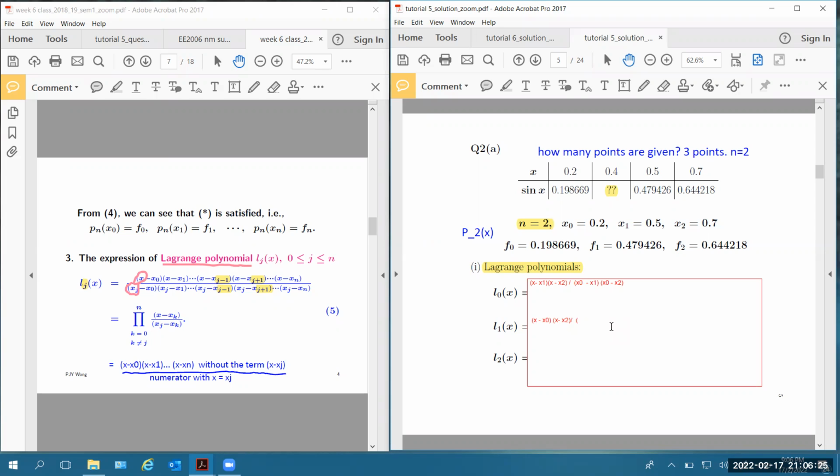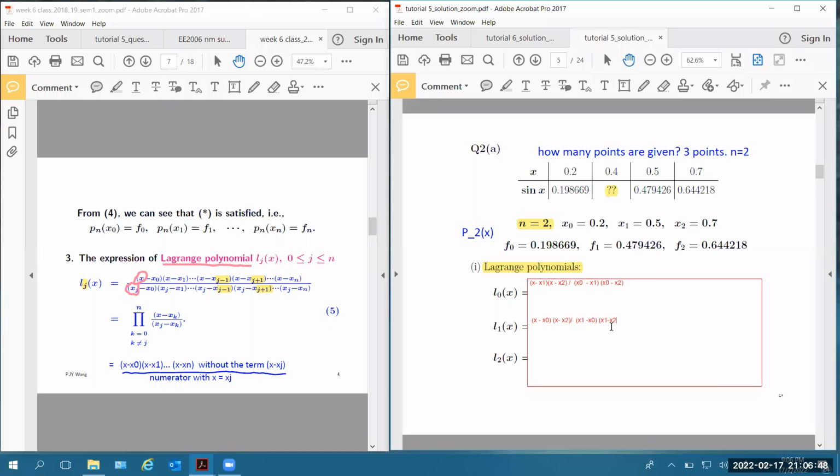The denominator is the numerator with x equal to what? xj. Yeah, xj, but what is your j here? 1. Yeah, that's right. So you should put x1 minus x0, and then x1 minus x2.